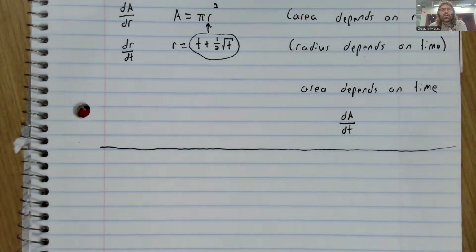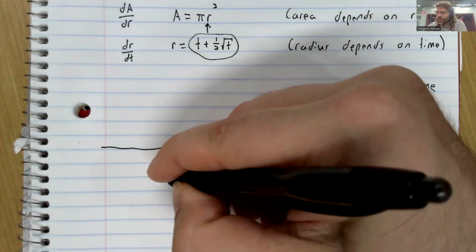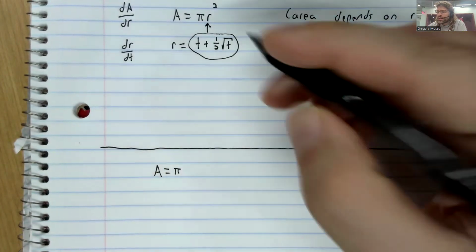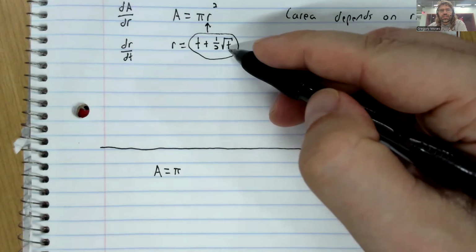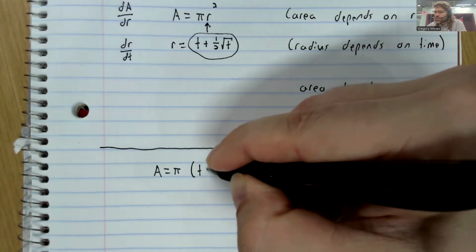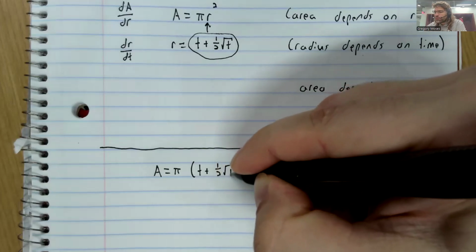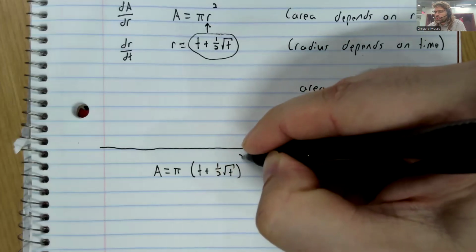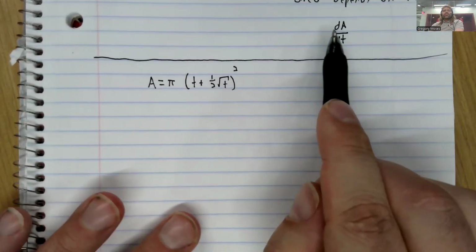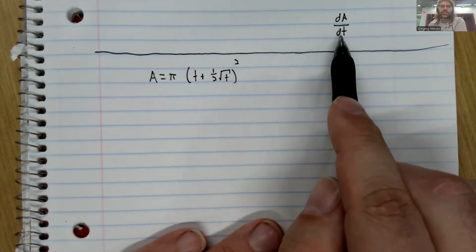If A equals pi r squared, and r is t plus 1/2 the square root of t, then A is pi times (t plus 1/2 the square root of t) squared.